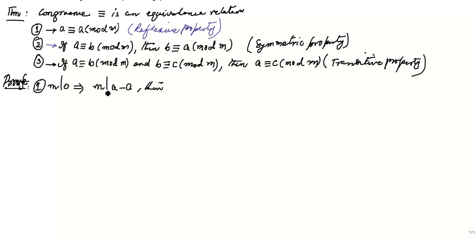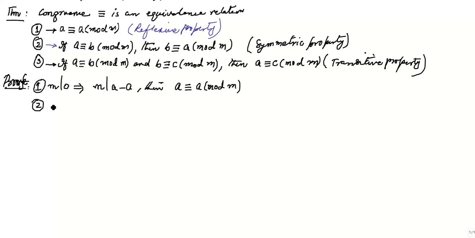So if M divides A minus A, then A is congruent to A modulo M, and this proves the reflexive property. The second one is the symmetric property. So if we have A congruent to B modulo M, then B congruent to A modulo M. Okay.